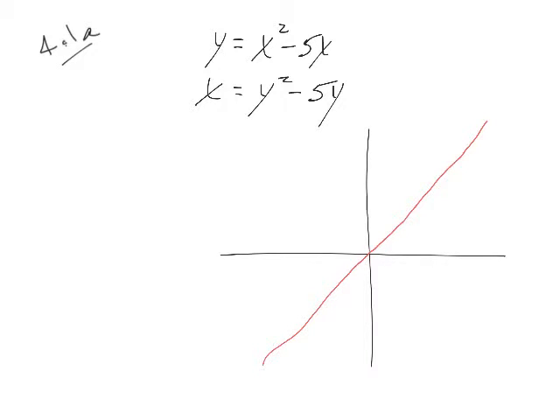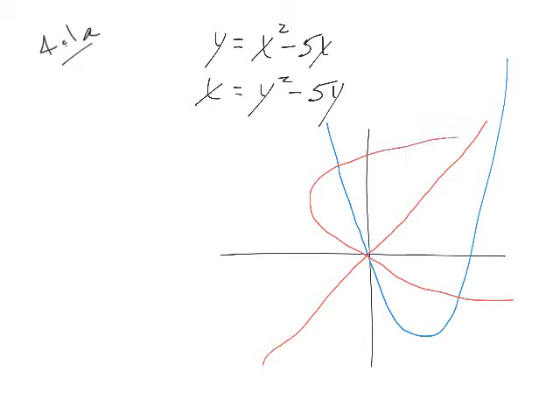That's going to look something like this, and then its reflection across y equals x is going to look like this. So it's not too hard to find an equation for the inverse of the relation.